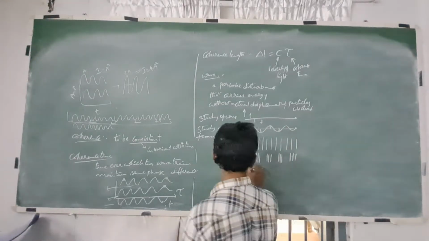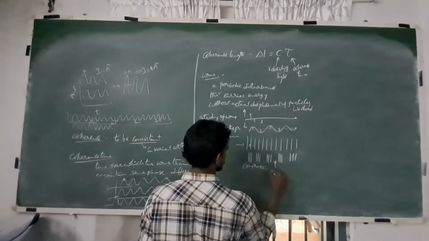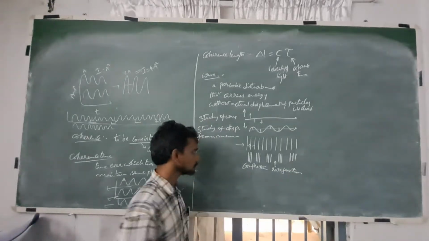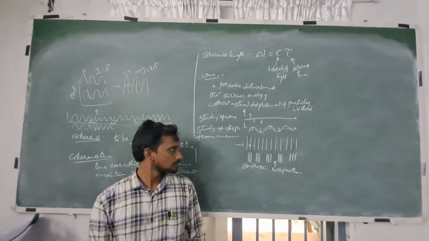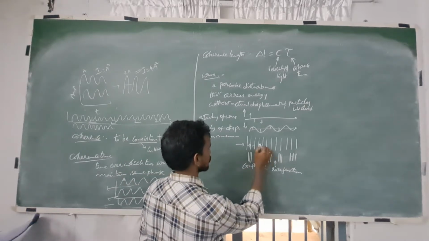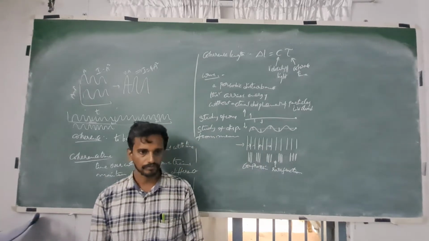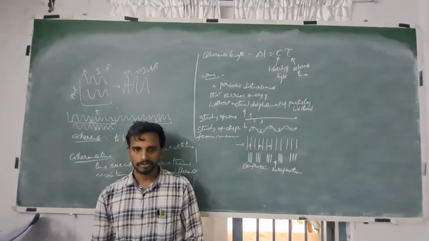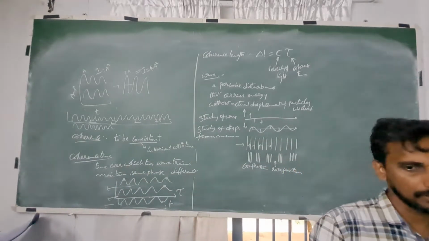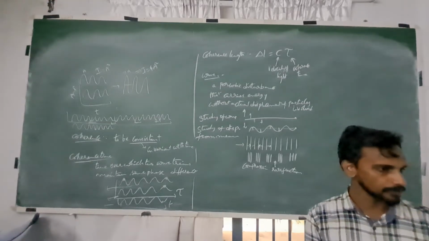This is compression, rarefaction. So here also you will see a displacement from mean position. So both for longitudinal waves and transverse waves, the generation of wave implies a displacement from mean position.